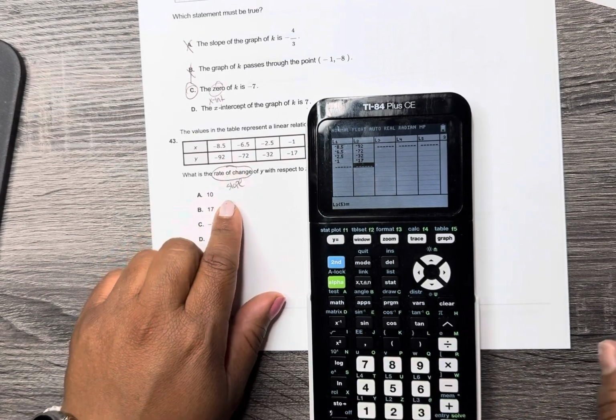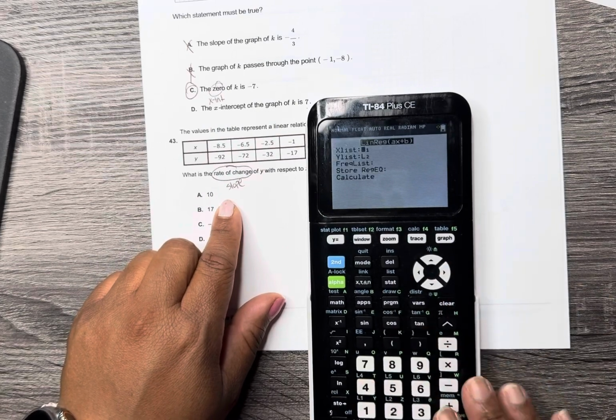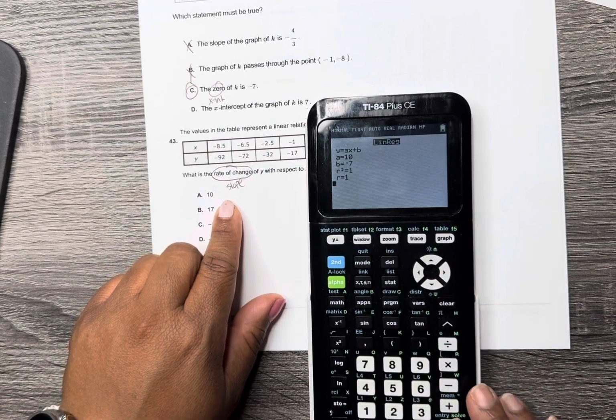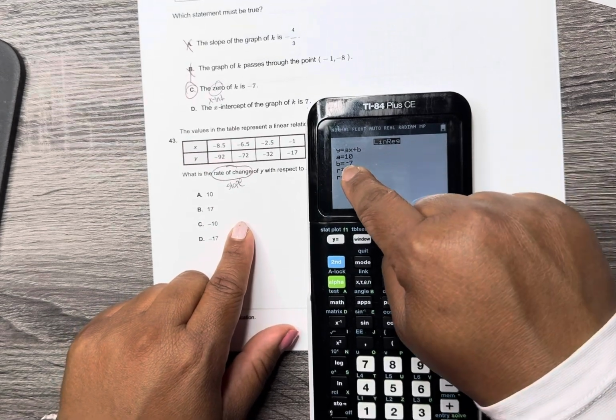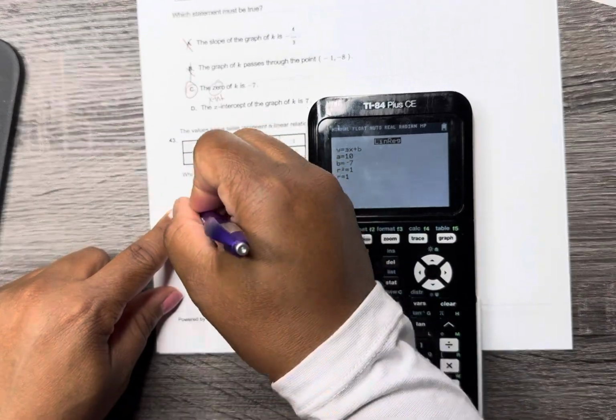All right, plug all of them in, press Stat Calc 4, enter, enter, enter. And what is our rate of change? That's A, 10. So that's why the answer here is A.